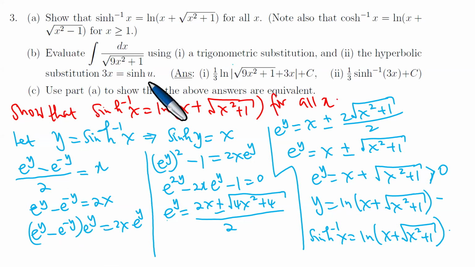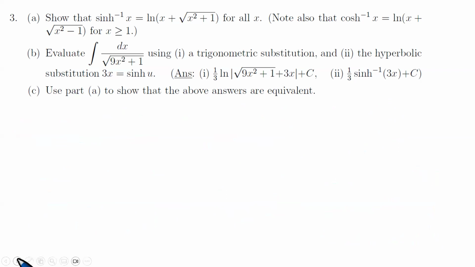Okay. Now, also, you can prove the arc cosh. So, for example, the arc cosh is the ln of x plus the square root.